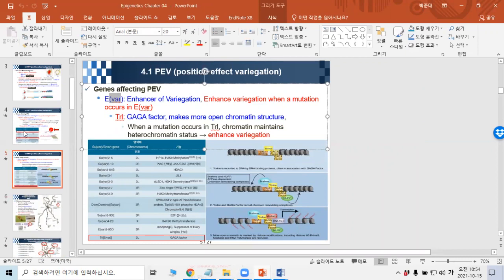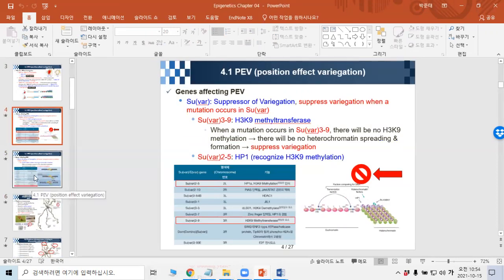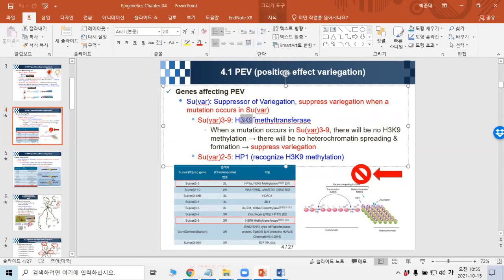The difference between Su(var) and E(var) is that the very famous Su(var) means suppressor of variegation. It means that when a mutation occurs in Su(var), it will suppress the variegation. For example, a very famous Su(var) is the H3K9 methyltransferase.